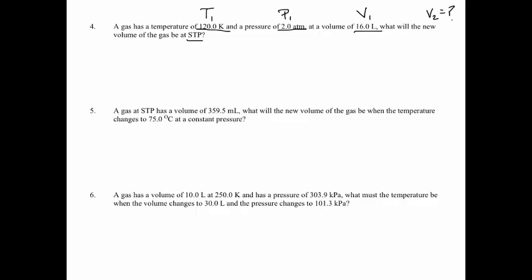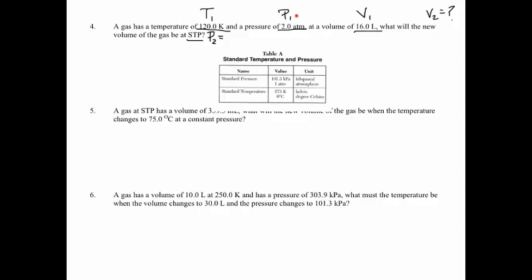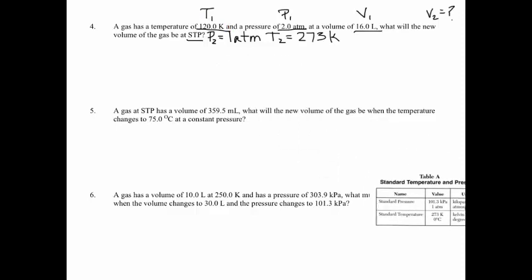So our P2 is going to be, looking at table A, since our already given pressures are in atmospheres, we're going to use the atmospheres value for the pressure. So that's 1 atmosphere. And T2, we always want to use units of Kelvin because Celsius doesn't work for this equation. So our Kelvin temperature at standard temperature is 273. The Kelvin temperature for T1 was already given to us, so we don't need to convert that.